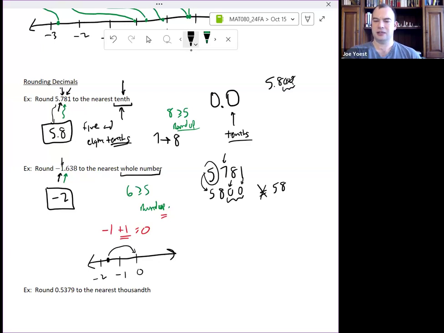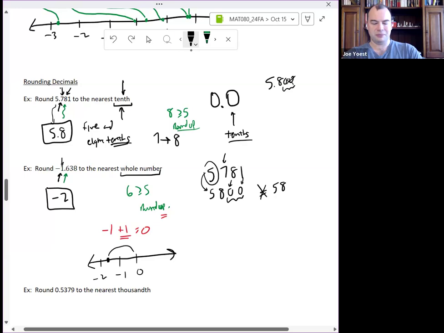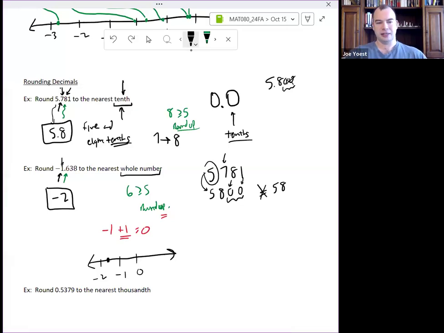No, I don't think that's right. If I was unsure of how the rounding rule should apply to negative numbers, I can see very clearly that negative 1.638 is physically closest to the whole number negative 2. It's not physically closest to negative 1, and certainly not to 0.